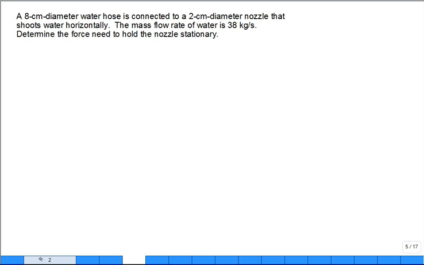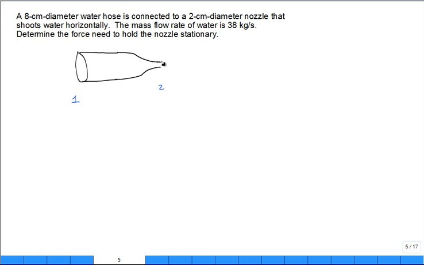All right, let's solve this one, right? So we have 8 centimeter diameter water hoses connected. So initial diameter water hose connected to a 2 centimeter diameter nozzle, so it necks down like this. So this is state 1.